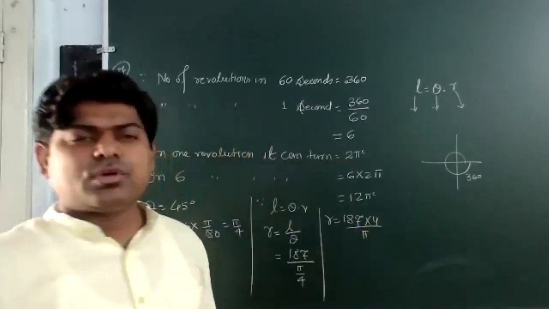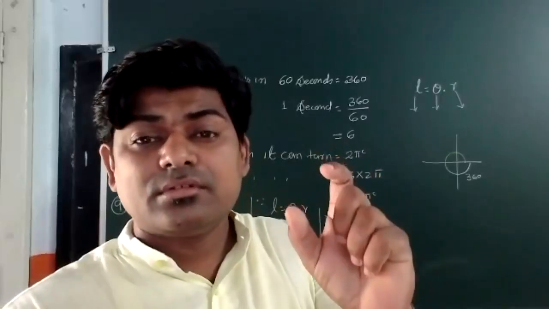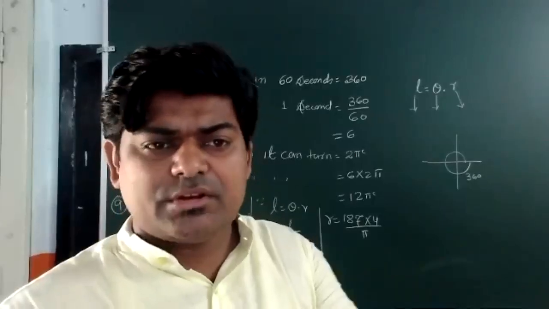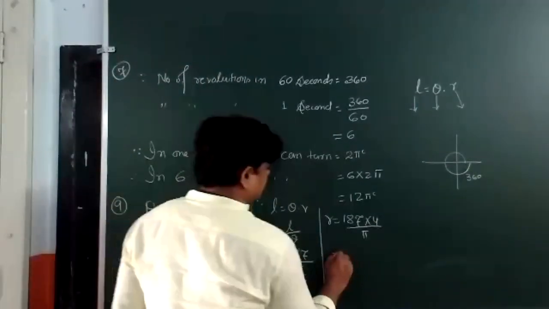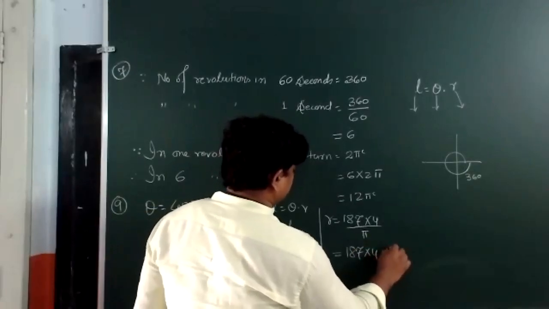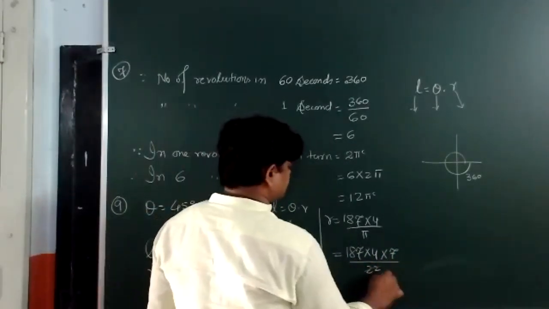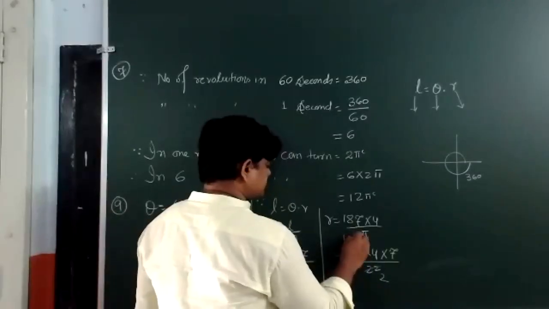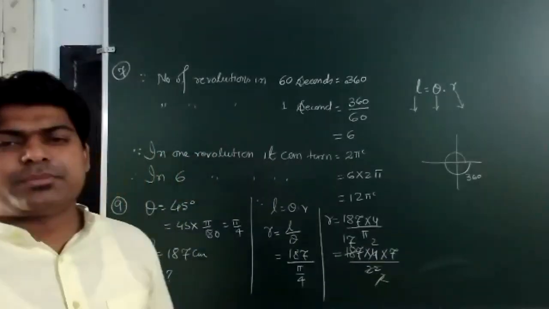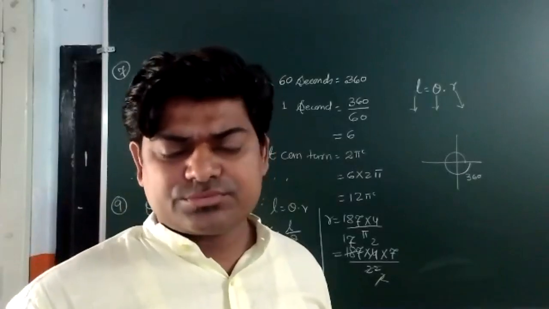Now the value of pi we can substitute as 22 upon 7. When I substitute here, it can be written as 187 into 4 into 7 upon 22. Now 11 into 17, and 2 into 2. You may multiply 17 into 2 into 7, and that will be the radius of the given circle.